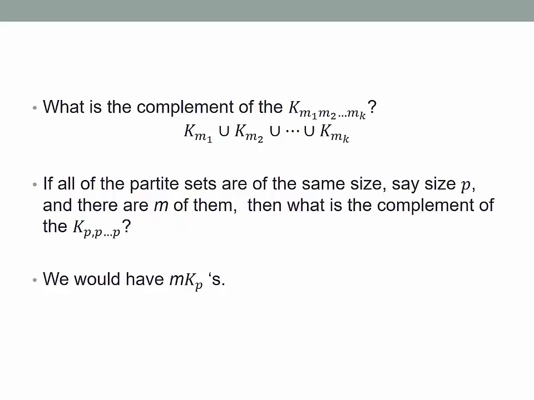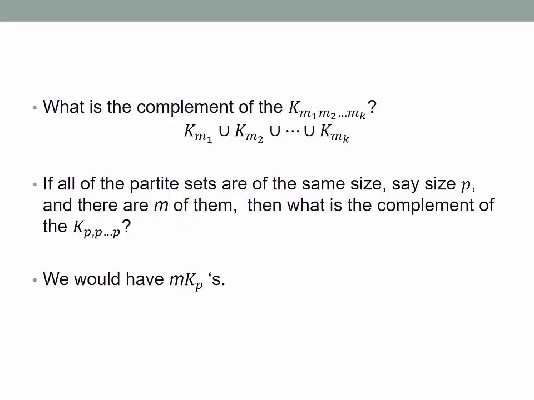And again, since in the original complete multipartite graph, all edges between the partite sets were there, no edges would be connecting these complete graphs of size M1, M2, and so forth. So we would wind up with the disjoint union of K complete graphs, each one the size of the original partite sets.